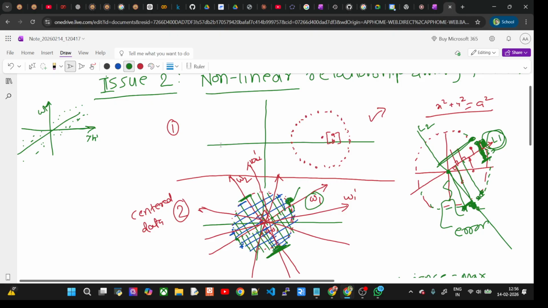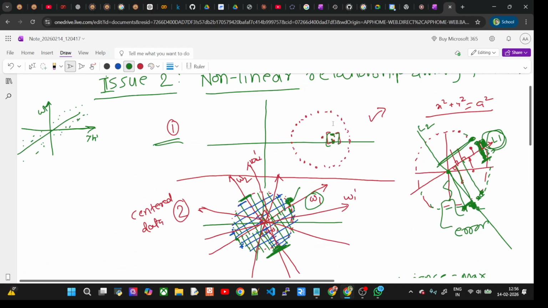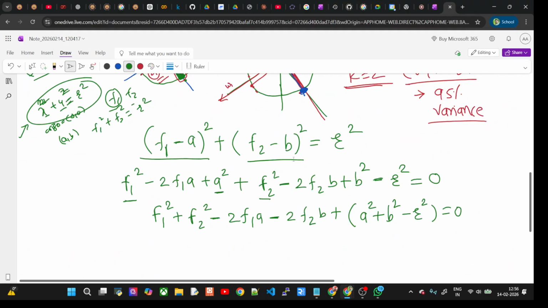But before that, when you get the question, your problem was this kind of situation: your points were at a comma b location, the center is like this, and your points are spread like this, the circle way. That's why, to get the equation of these points, you are now saying the equation of the point is f1 minus a whole square. A is the location here, a comma b, this is the a comma b.